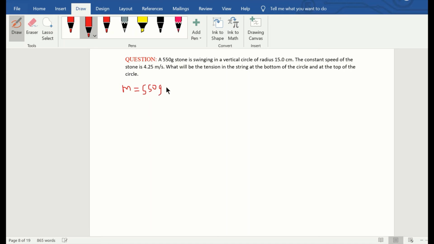I have to convert this to kilograms. So to convert to kilograms, I will divide my 550 by 1,000. And that gives us 0.55 kilograms.